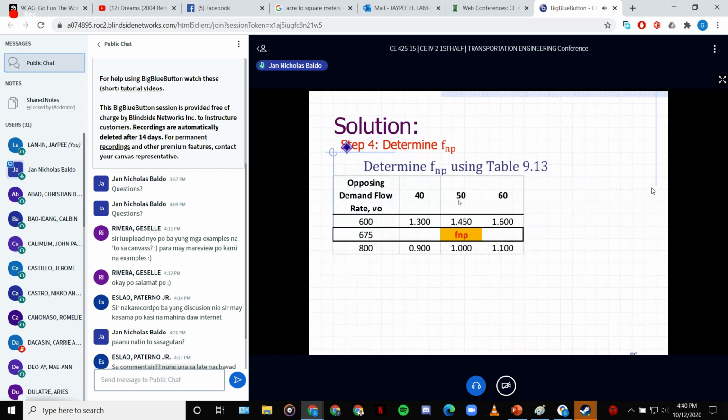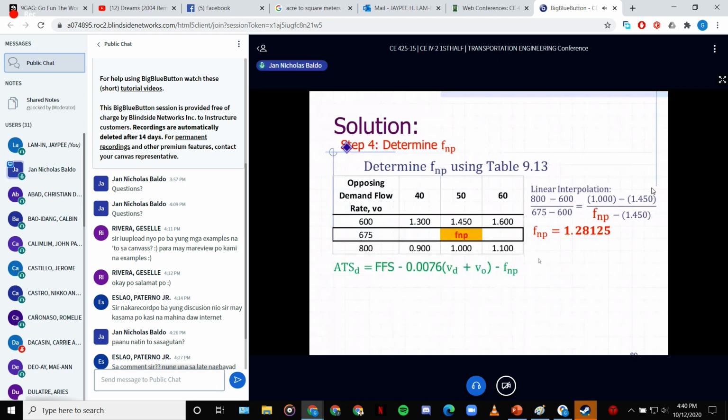The next is using your linear interpolation again to determine your no passing zone. Ito yung no passing zone natin, 1.215. Or pag ginamit nyo to sa solution, 1.281 na yung gamitin nyo. Okay, you do not need to use yung buo.